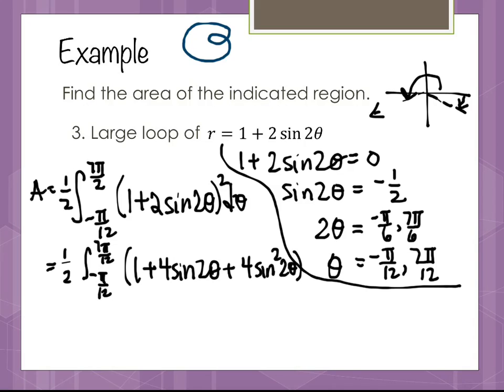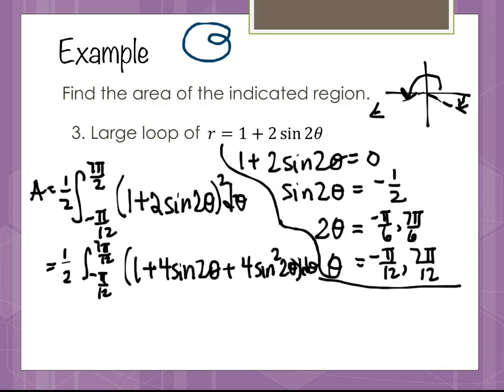D theta. Okay, so the middle term comes from multiplying 1 times the 2 sine 2 theta and doing that twice, because you have the inner multiplication and the outer multiplication when you do the binomial expansion. And then the 4 sine squared at the end comes from squaring that last term, or multiplying it by itself.